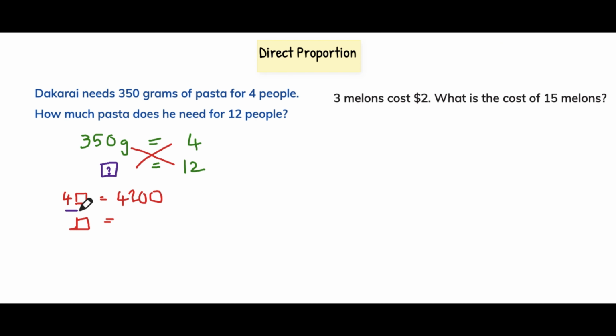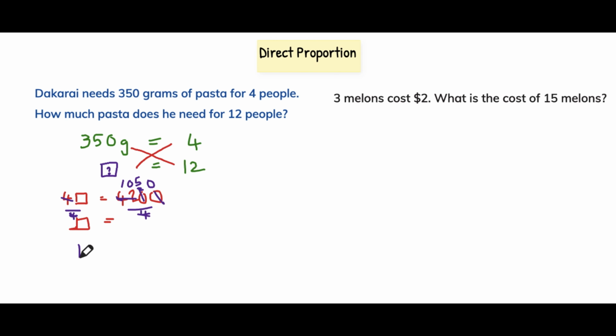That means we're going to divide both sides by 4. Alright? 4 cancels there. What is left is block. 4 goes into 42, 10 times, remainder 2, into 20, 5, into 0, 0.